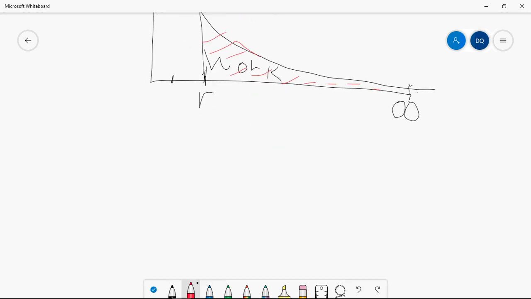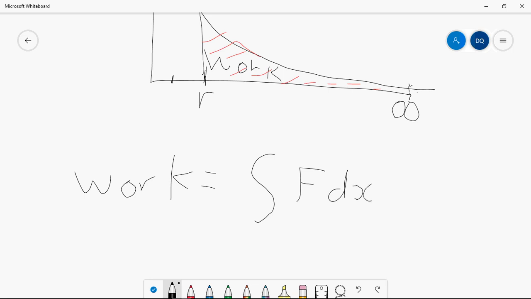The way this looks when we set it up, the work is what we get when we add up the force times the distance. And these are like these little mini distances as we go from infinitely far away to our distance r. So that dx, it's the same dx as when you're doing a derivative. You do like dy dx in Leibniz notation. What that dx represents is the width of the little rectangle.